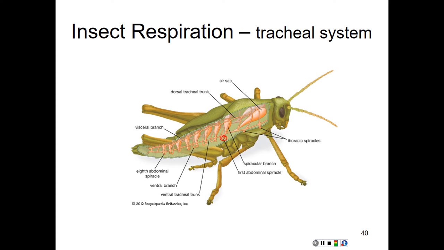The air diffuses through these structures called tracheae and will surround the body tissues so that oxygen can get to the different cells of the organism and diffuse into the tissues around the trachea.